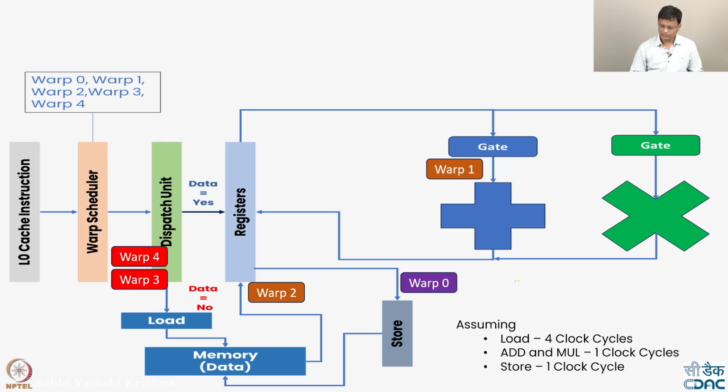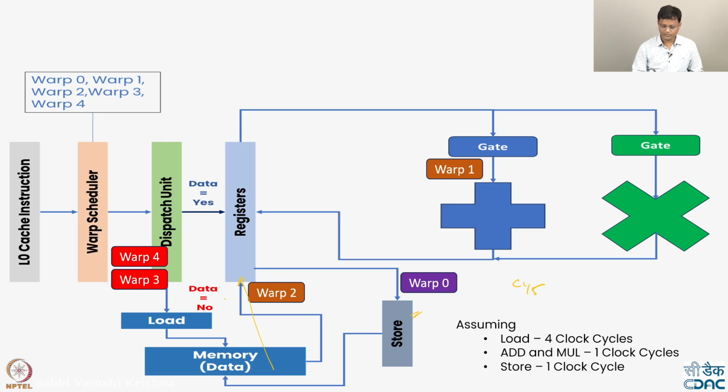In the next clock cycle, you can see that the computation on warp 0 has been successfully completed, so it came to the store unit, warp 1 came to the execution unit where addition is performed, and for warp 2 the load operation is performed, data is loaded from the data memory to registers.